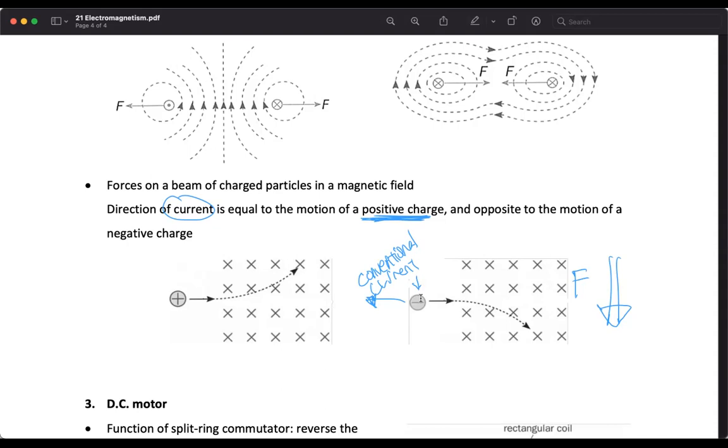Okay, thank you everyone. So we have gone through the very basics of electromagnetism. Basically, the whole topic that I talked to you about today so far is two things. Number one, a current will produce a magnetic field. Number two, a current in a magnetic field will produce a force. Is that clear?